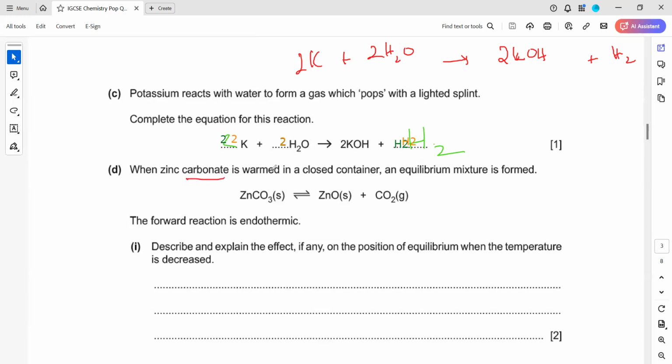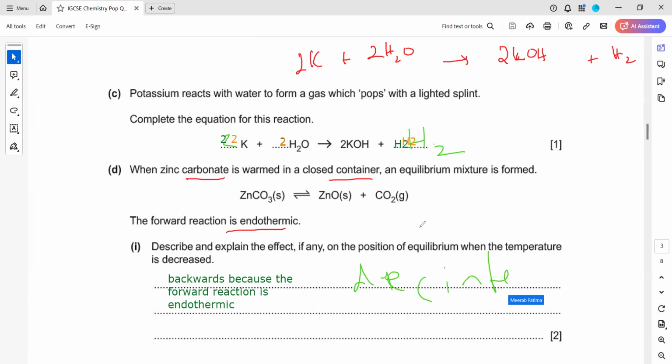When zinc carbonate is warmed in a closed container, an equilibrium mixture is formed. The forward reaction is endothermic. Describe and explain the effect on the position of equilibrium.